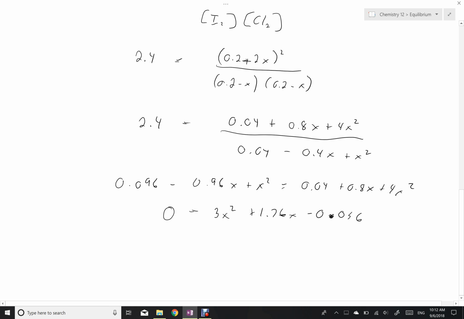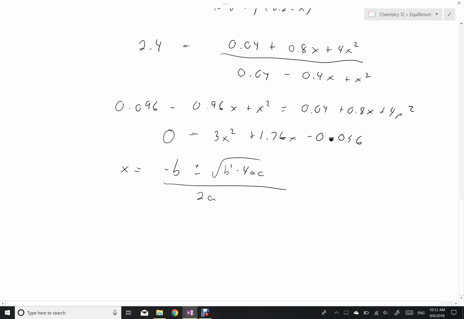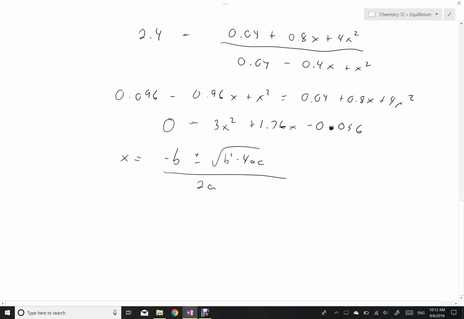Okay, so I can use the quadratic equation to solve this. x is equal to negative b plus or minus the square root of b squared minus 4ac, divided by 2a. Negative 1.76. Since this is a minus and the bottom here is going to be a plus, I'm going to need the positive root to make sure I get a positive value for x. So I'm only going to solve for that one.